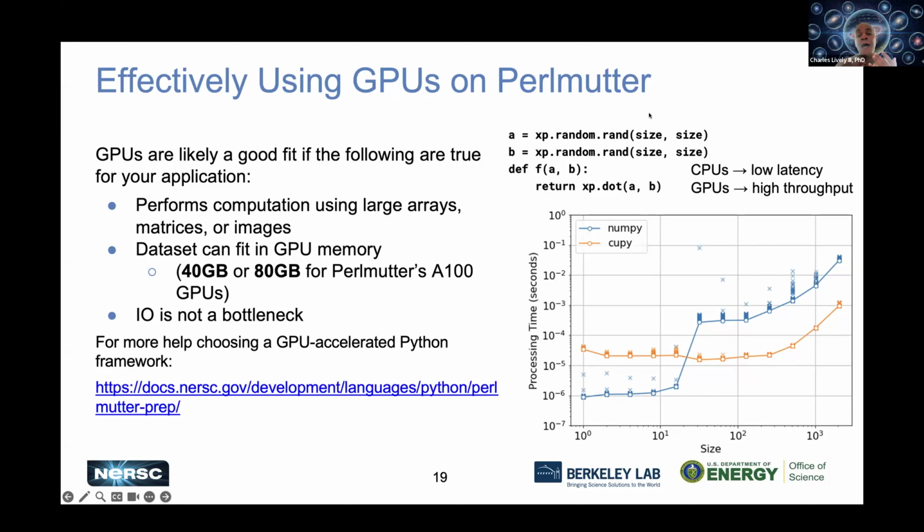So if you're working with an application or any kernels or modules that are doing computation using large arrays, matrices, or images, and the data can be partitioned easily to fit within the memory requirements of a GPU, and IO is not a significant bottleneck to a calculation or a specific kernel within your application, then GPUs ideally would be a good fit for you, because you want to make use of a GPU for applications with low latency and high throughput.